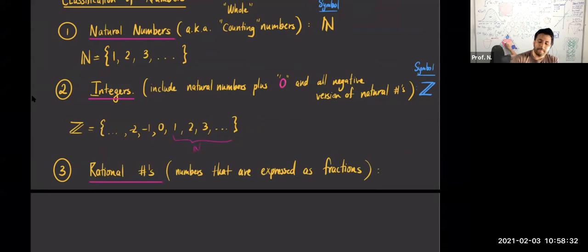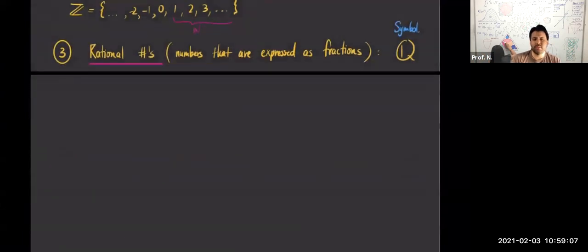It's a Q. Now, this is when things get a little bit more abstract, because now the question is, how do you express all of the rational numbers? So you see how we have this little dot, dot, dot symbolism for the previous two sets of numbers, which makes sense to use. But here now it's a little bit more complicated. How do we express a rational number?